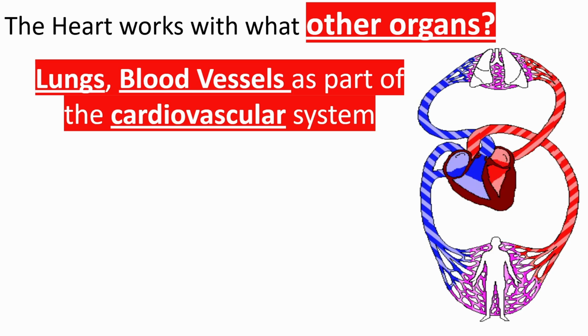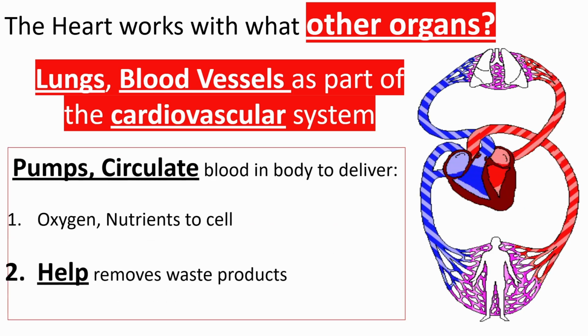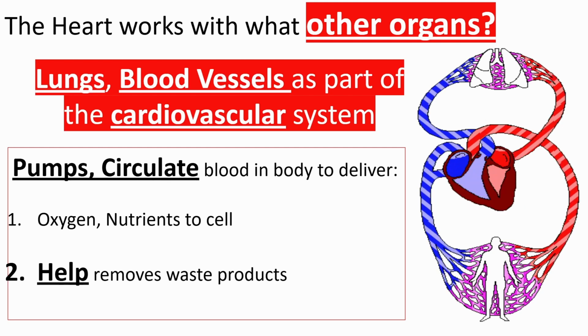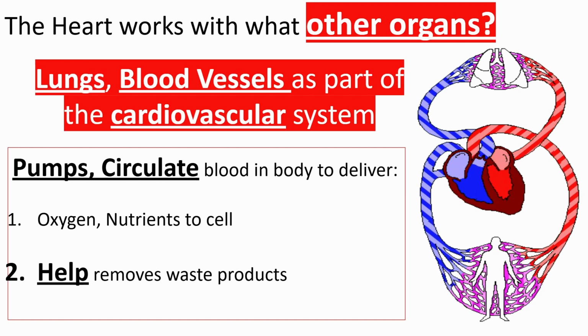So finally, when we look at the organ system, we say there are lungs involved, blood vessels, and these are all part of the cardiovascular system. And their whole job is to pump, circulate blood in the body to deliver oxygen, nutrients to the cell, help remove waste products, and not listed here, but when we talk about this idea of more and more complex functions, the whole circulatory system isn't just to pump blood and nutrients.